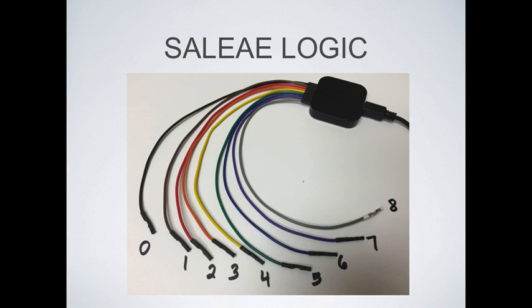You'll see how this correlates with some channels inside of the application. Essentially, I numbered these from 0 to 7. So 0 will be this black line, followed by a brown, which is the 1, all the way down to number 7.